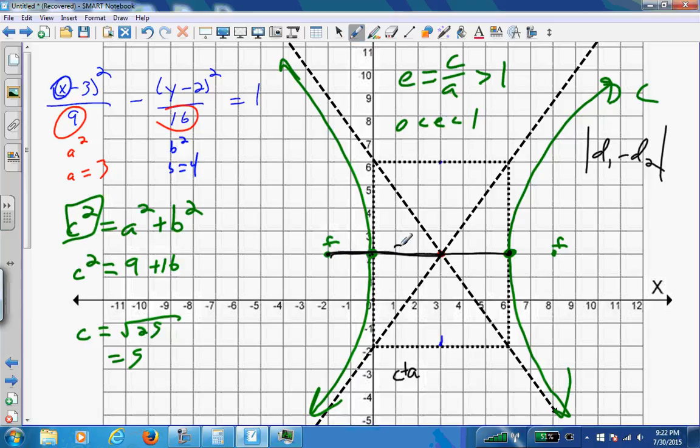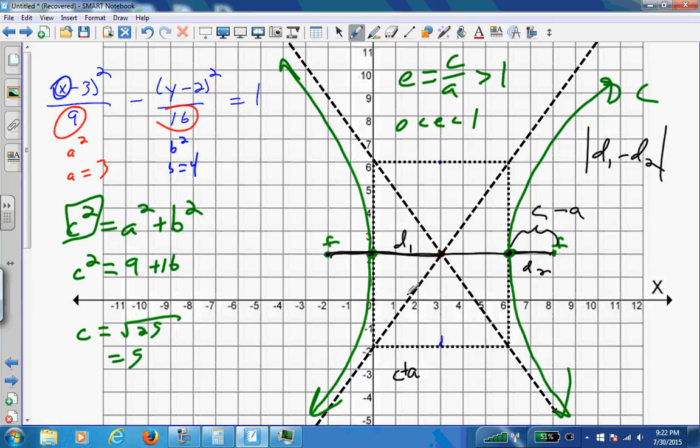So we can call that d1. From the other focus to there, we take that total distance c minus that distance a, so that's d2. So from here to here, d1, from here to here, d2.